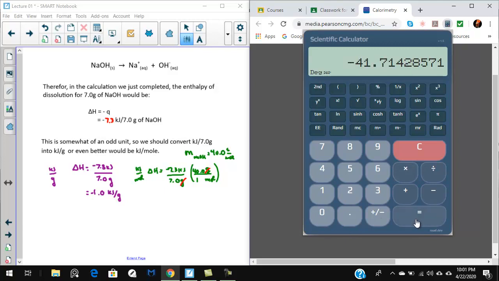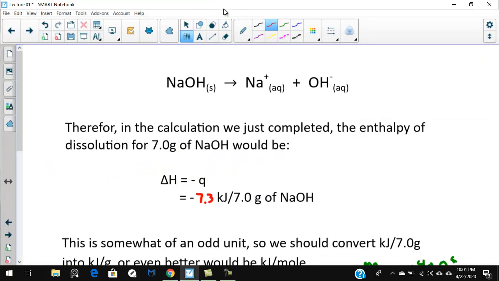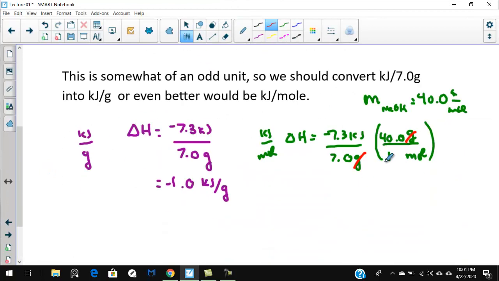So now we have negative 41.7. So negative 41.7 kilojoules is the amount of heat. If we took a whole mole of NaOH, that's how much heat would be released into the water.